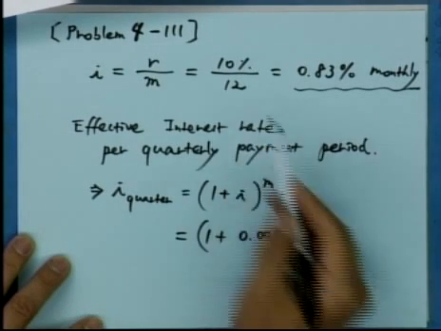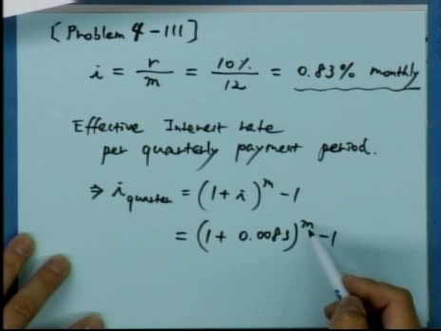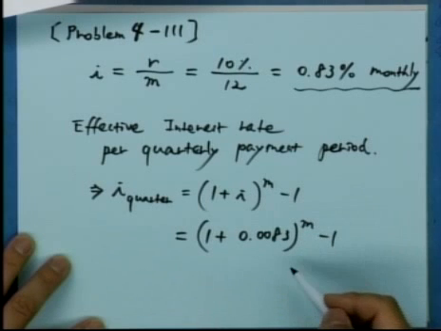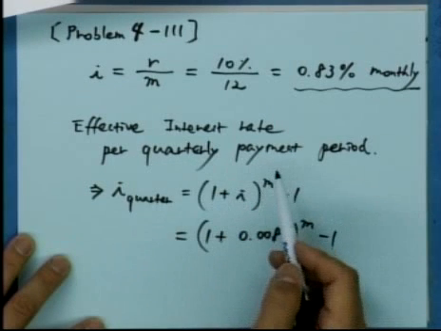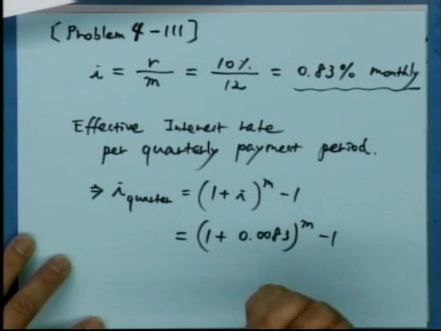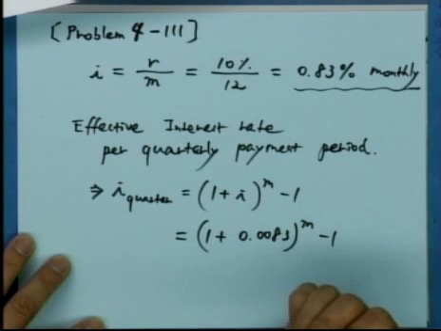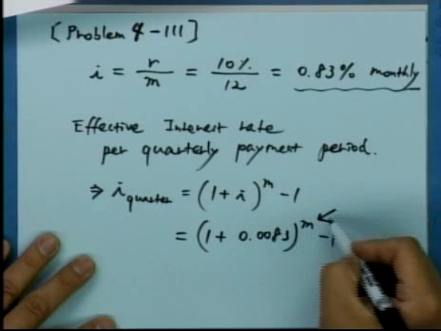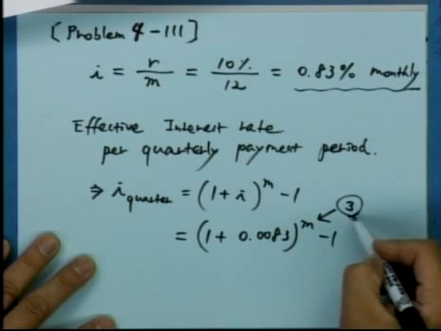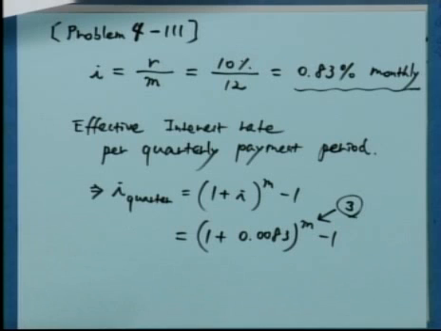That is not 12 anymore, because we are considering a series of equal quarterly payments, right? And there are 3 months in 1 quarter. So at this time, we are going to use the value of 3 for m, okay?